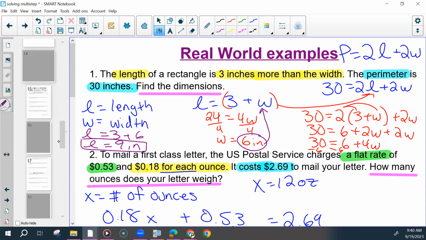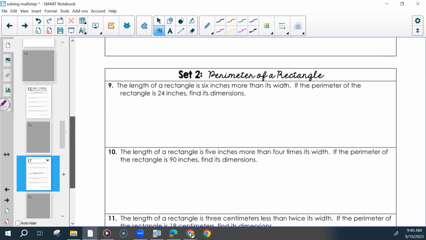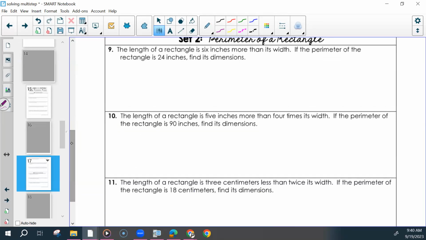Go to the very last page, the back of that. Find the section that says perimeter of a rectangle. I'll let you guys choose. 9, 10, and 11 are all perimeter questions. Which one do you want to go over?